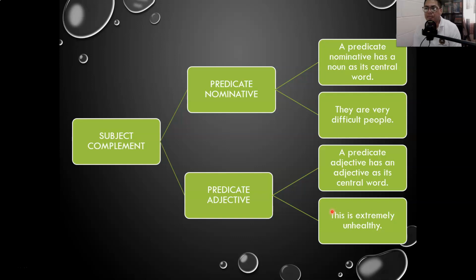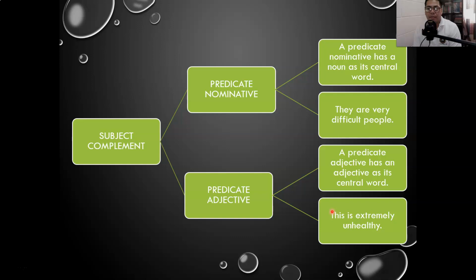Another example. Pamela is quite beautiful. Am I describing Pamela or not? Yes, most definitely I am. Pamela is quite beautiful. Let's change the verb. Let's not use the verb to be.